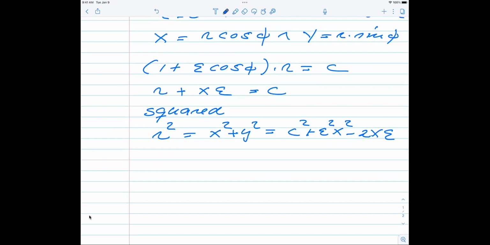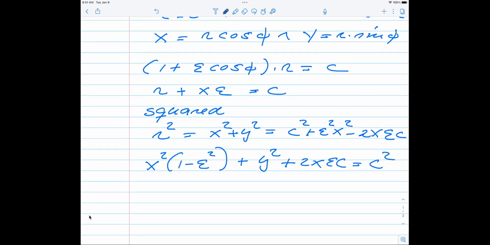And then we rewrote this again in terms of x squared times 1 minus epsilon squared, and then we have plus y squared. And when we add this other constant, 2x epsilon times c, this is equal to c squared.